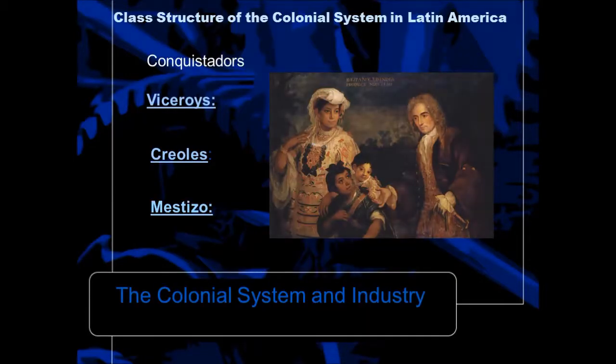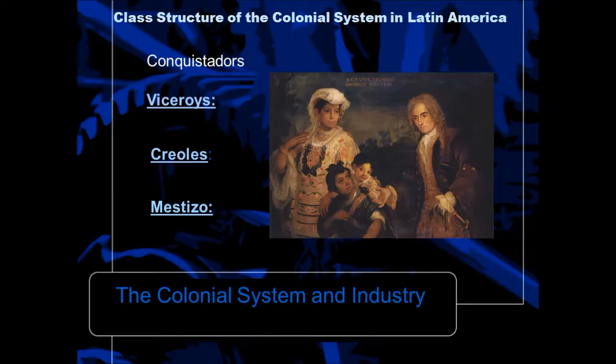Since we are talking mainly about the fact that the Spanish were the ones that took over, let's look at their system of colonialism and how they set it up. It's a very unique system.